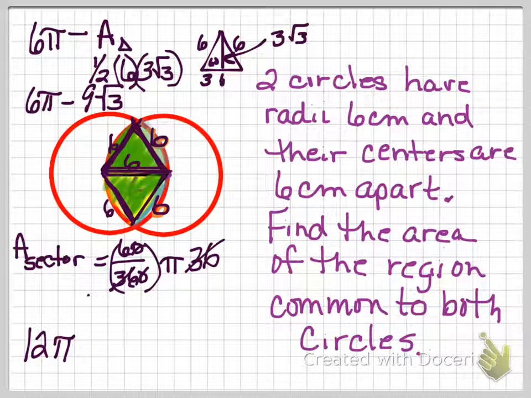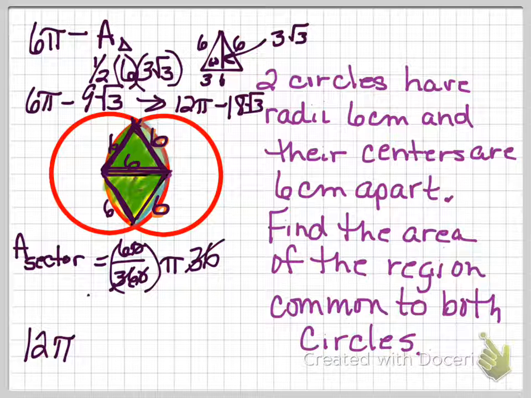But I've got 2 of them, right? So 2 of them are 12 pi minus, oops, not 9, hold on, minus 18 square root of 3. All right, so that's 2 of them.